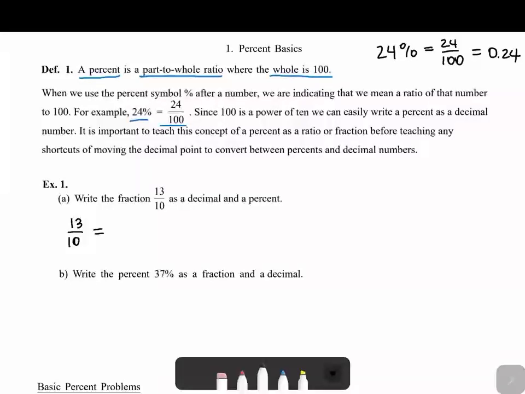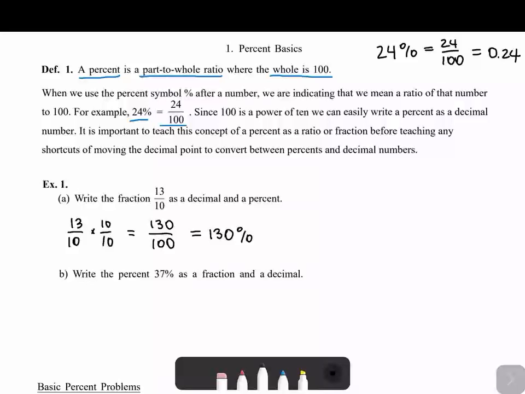We can convert the denominator of 10 to a denominator of 100 pretty easily, by multiplying by 10 over 10, where 10 over 10 acts as our 1, our multiplicative identity. So this is 130 over 100, and that is 130%. If we have a fraction where the denominator is 100, to get the percent, you just take the numerator of that fraction.